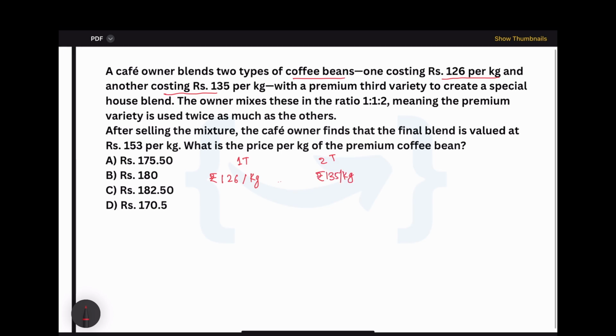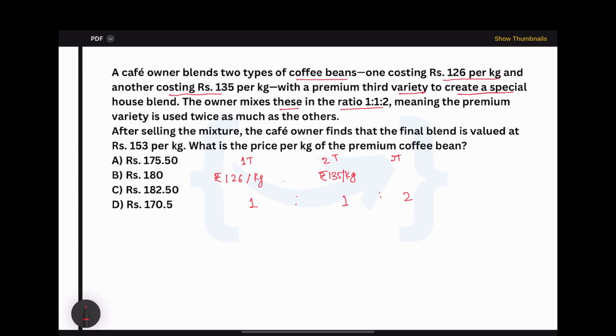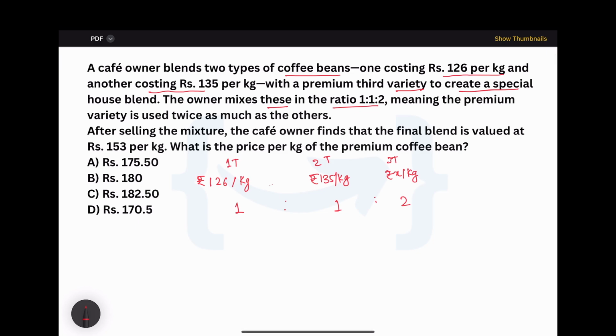Clear? With a premium third variety, so there is a third type as well. To create a special house blend, the owner mixes these in the ratio 1:1:2. So 1 kilo of the first type, 1 kilo from the second type, and 2 kilos of the third type would be added. But here we don't know how much rupees this particular third type costs, which makes our blend premium.